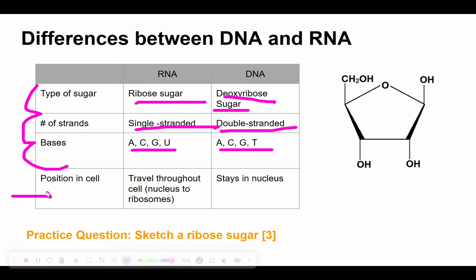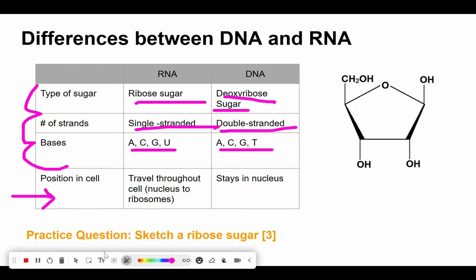The position in cell I'm leaving in here because when you start thinking about the use of these molecules in replication and gene expression, which will be the next point of information, it's helpful to think about where they are in the cell and whether or not they are able to move around in the cell. All right, but first, let's talk about the ribose and deoxyribose sugar thing.